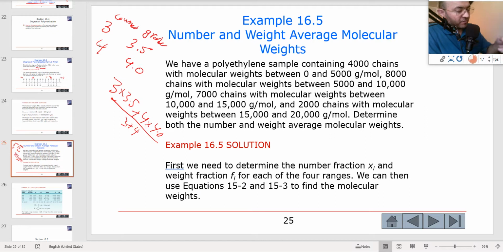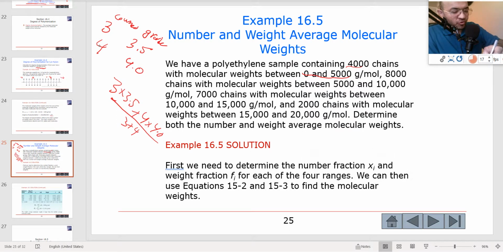Now in this case, I have 4,000 chains of, again, molecular weight between 0 to 5,000. We have 8,000 chains with molecular weight between 5,000 to 10,000, 7,000 with molecular weight of 10,000 to 15,000, and 2,000 with molecular weight of 15,000 to 20,000.